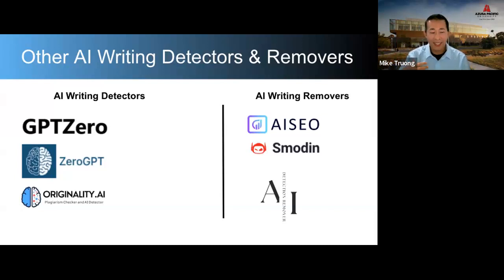I call it cleaning or washing the AI writing so that the machines no longer can detect it. And we are actually now on the second generation. So now there's second generation AI writing detectors that detect writing that's been removed. And then there's also second generation AI writing removers that evade those detectors.